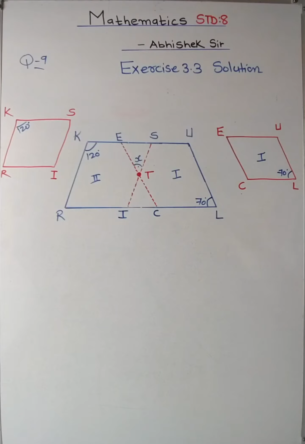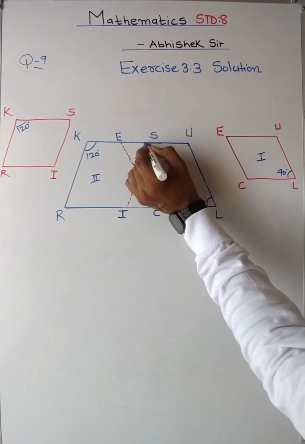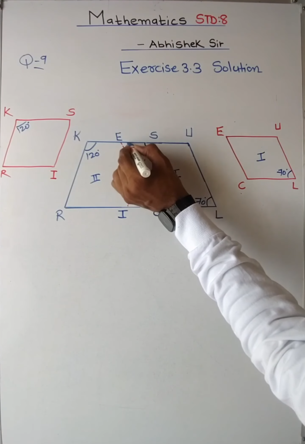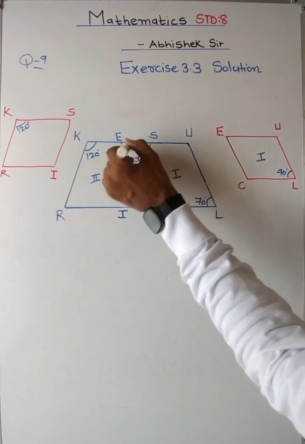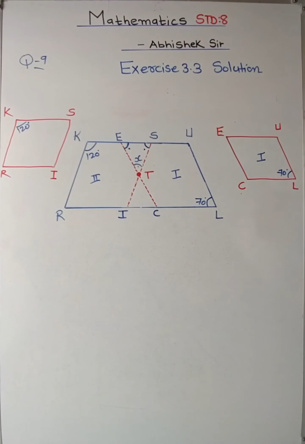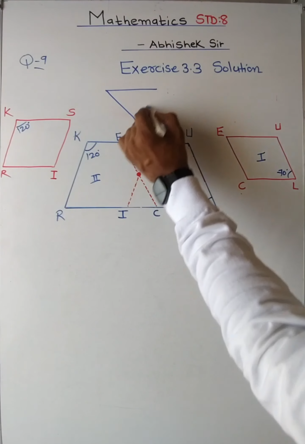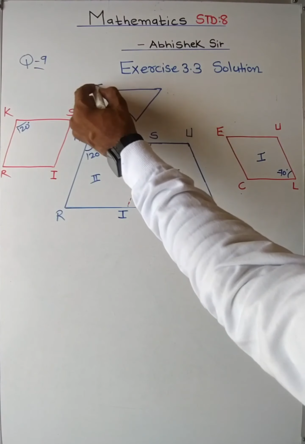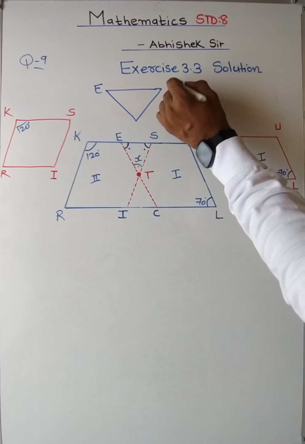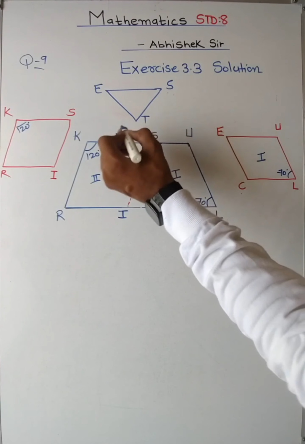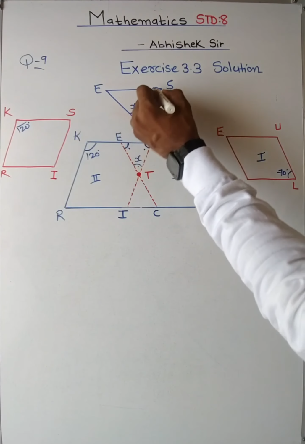But for finding x we need to know about these two angles. See carefully. We need to know about these two angles, as we will have the angle sum property and we will find out what x is.